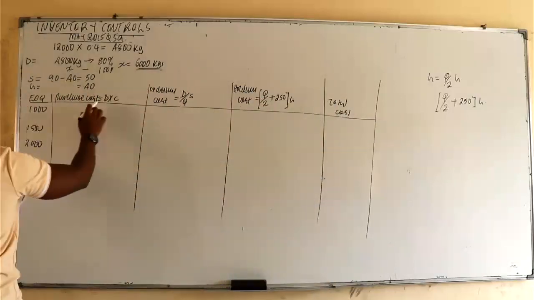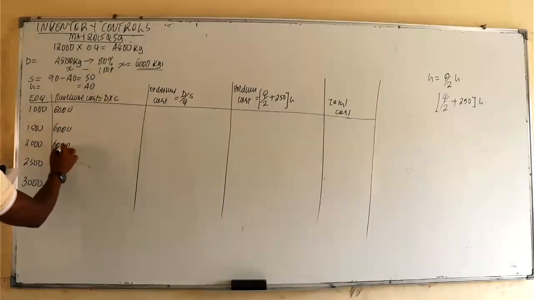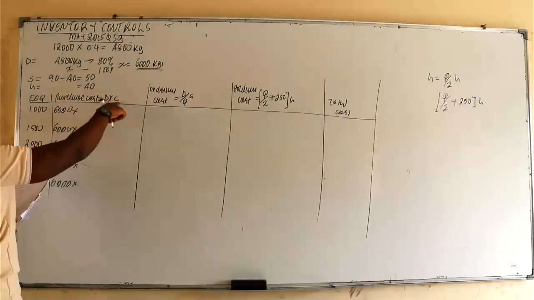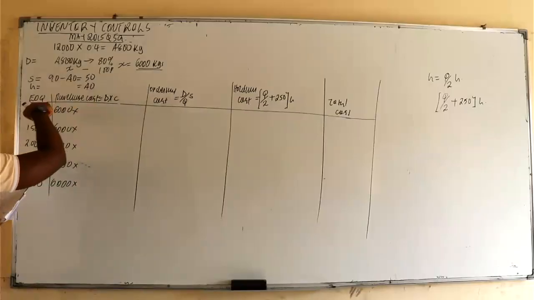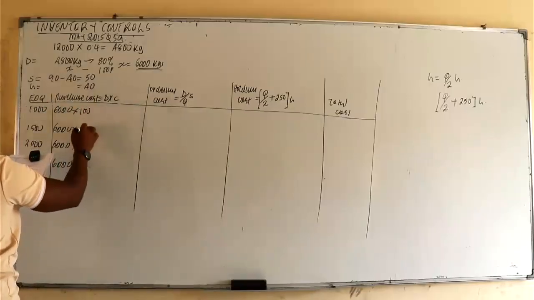Let's start with this. Annual demand does not change. Our annual demand was how much? 6,000. Regardless of how many units you order, annual demand has not changed. But what will change is the cost. If you order 1,000, the cost will be 100. This one will be 98.